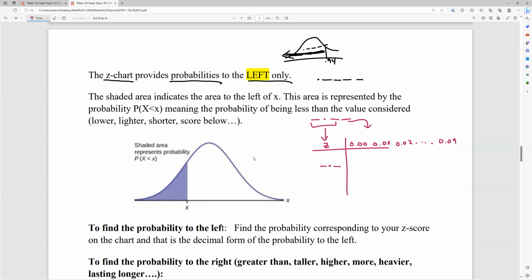We find where that overlaps, and that is our probability, but it is always the probability to the left of our item, okay? So your table gives probability to the left.